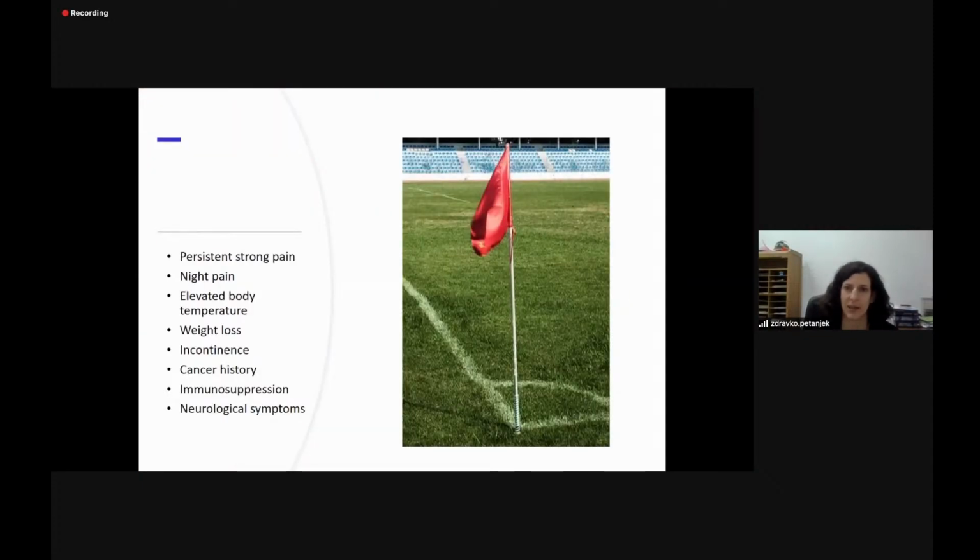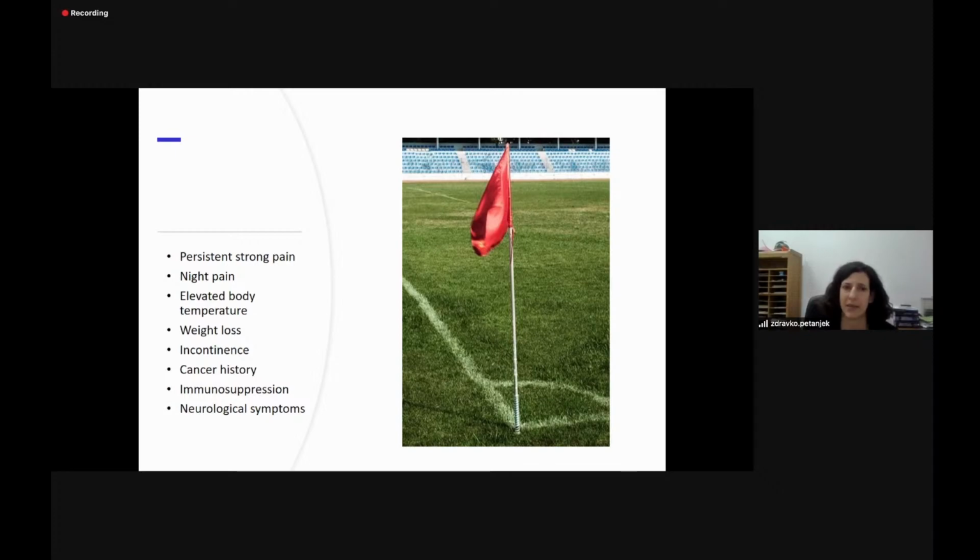There are defined red flags, special questions and special answers when you have to be more careful, and that will require further workup with those patients. If you have persistent and really strong pain, or night pain, you have to think about cancer in those patients.